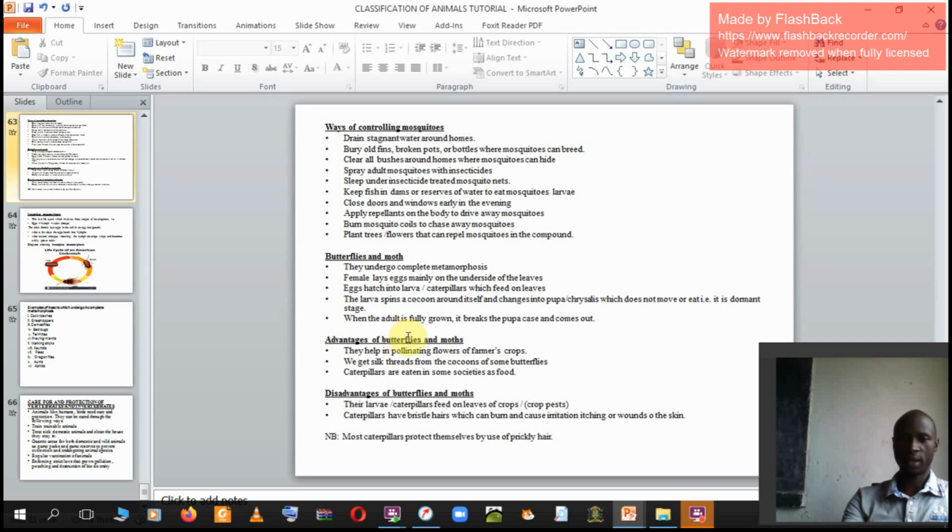Then disadvantages: caterpillars, the larva stage, do destroy our crops in the garden. Caterpillars have bristle hair, which can burn and cause irritation and itching on wounds of the skin. Most caterpillars protect themselves by using prickly hair.